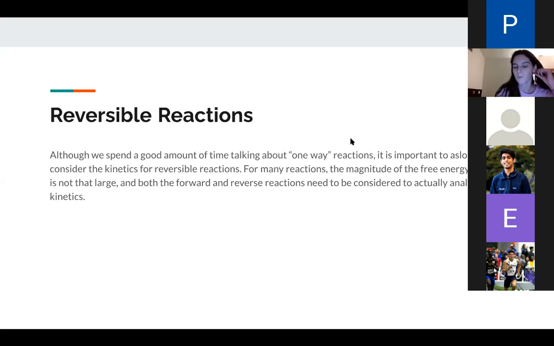Talking about one-way reactions only really works if the free energy change is really large. In that case, the kinetics will be similar to a reaction that only goes one way. But for a lot of reactions, the magnitude of free energy change isn't that large, and so both the forward and reverse reactions need to be considered if you want to analyze the kinetics of the reaction.